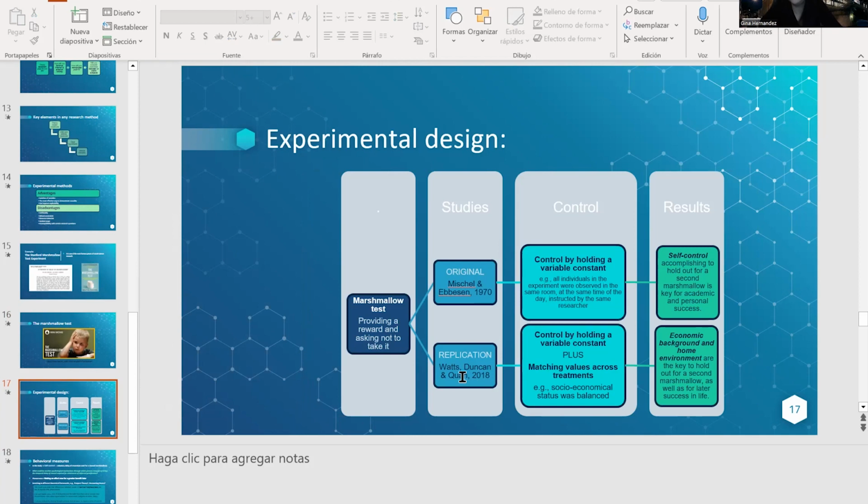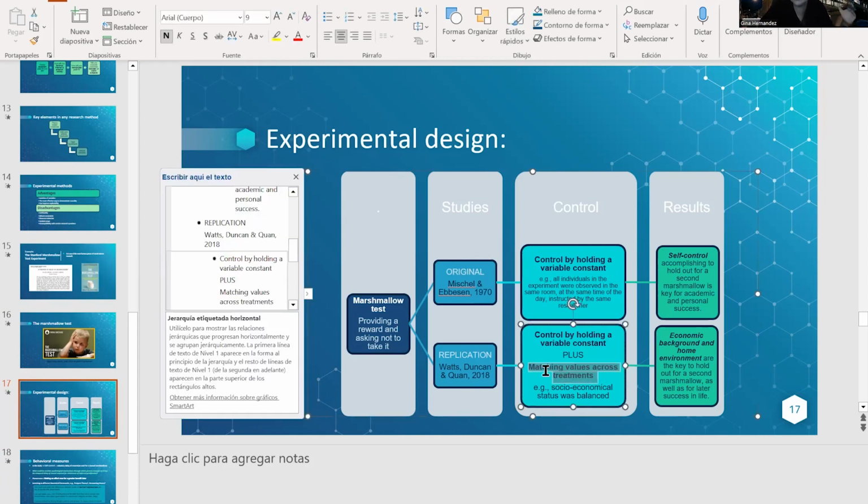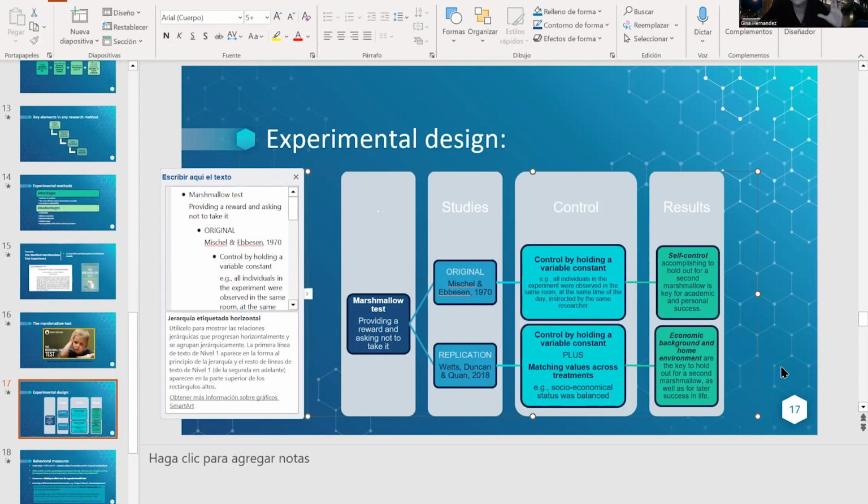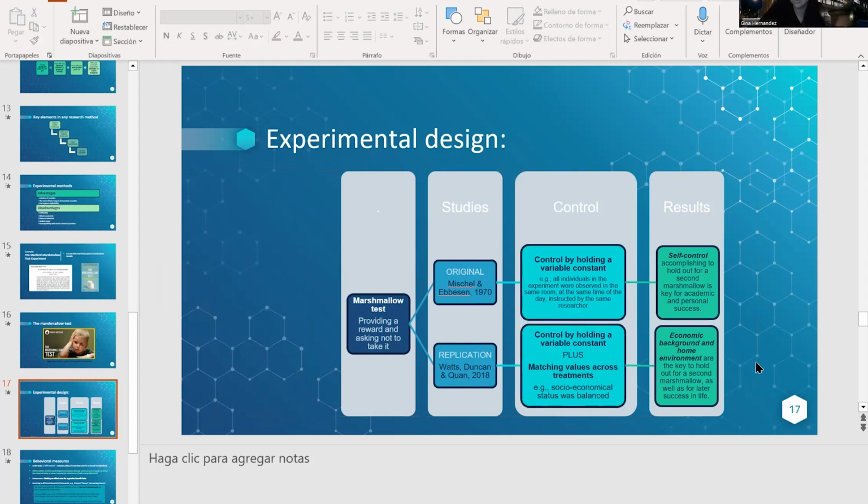And then when this second group was controlling for socioeconomical status, when he balanced for this, so he was more careful in the design, matching values across treatment, they realized that half of the finding became zero. So it was actually socioeconomical background and home environment, the ones that were key for holding out for a second marshmallow. So it wasn't about having self-control.